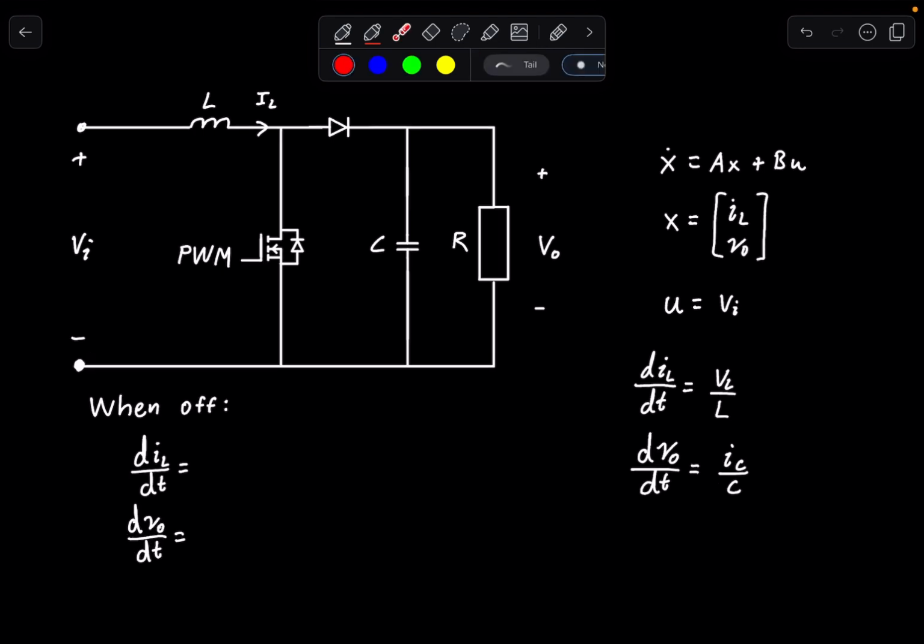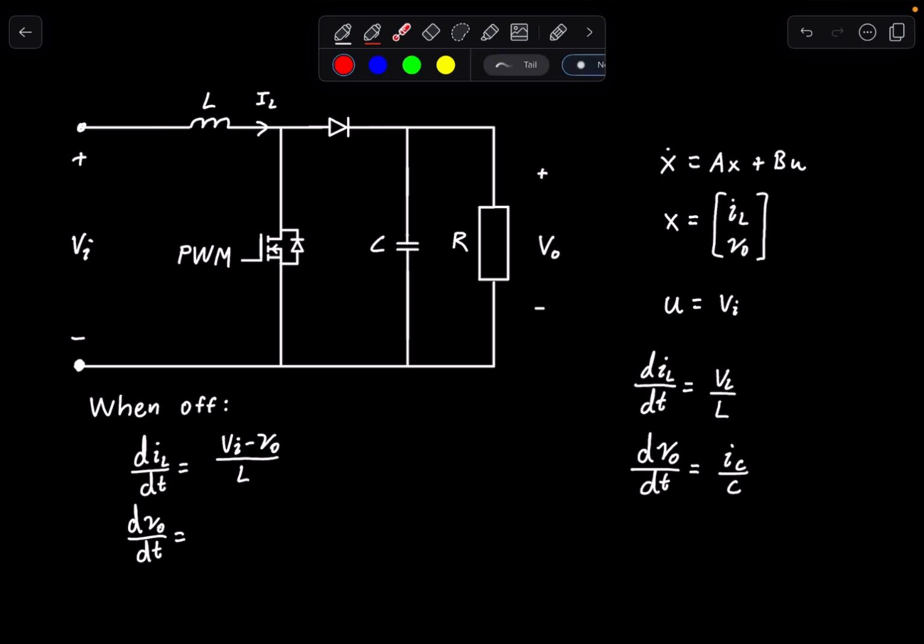Now we'll do this one a little bit faster because it's basically the same. So when it's off, we know that the voltage over the inductor L is equal to VI minus VO. So here the change of current in the inductor is equal to VI minus VO over L. So yeah, the VO is time variant, so I write a lowercase v.